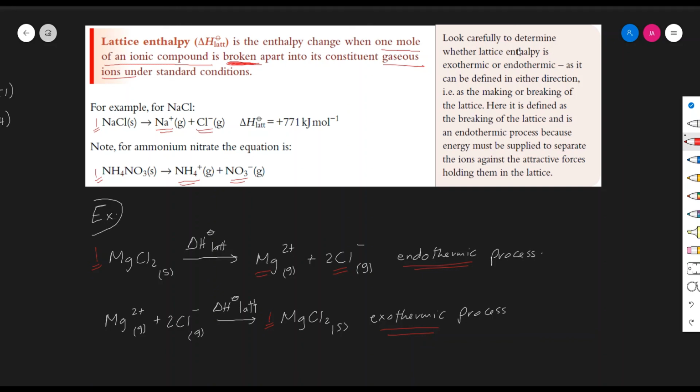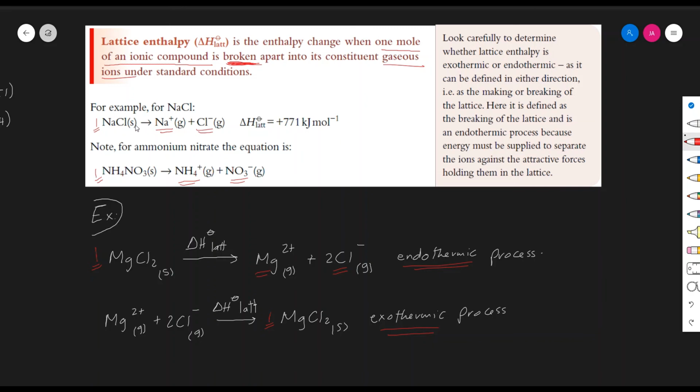You should always look carefully to determine whether the lattice enthalpy is exothermic or endothermic, and this depends on the direction of the arrow. If the arrow is pointing from the solid towards the gaseous ions, then this is endothermic lattice enthalpy.